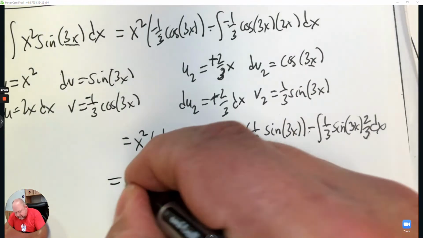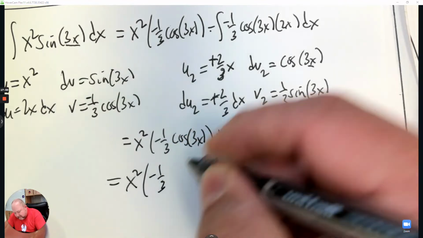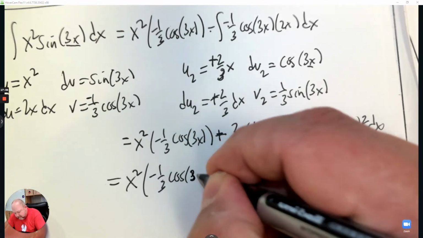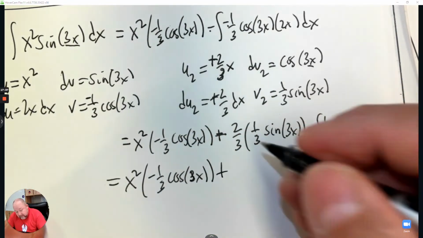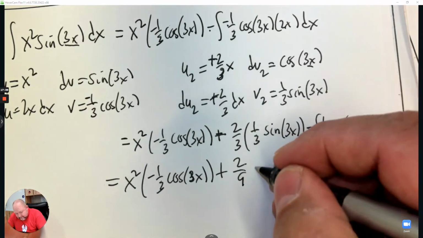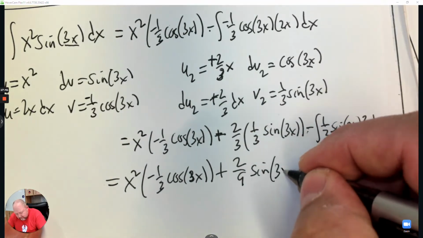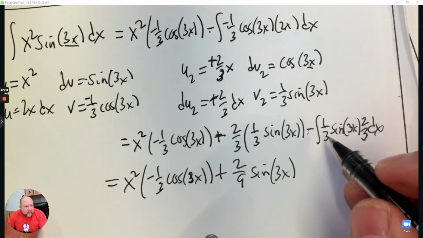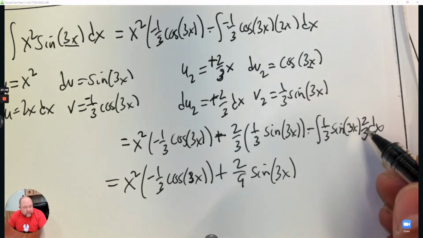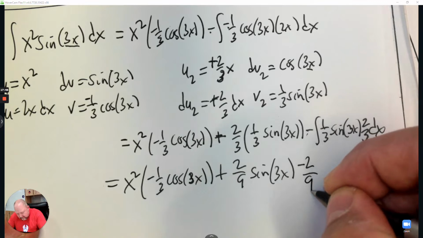All right, we're getting there. So we have x squared negative 1/3 cosine 3x plus 2/9 sine 3x. We have 1/3 and 2/3, so it's negative 2/9.